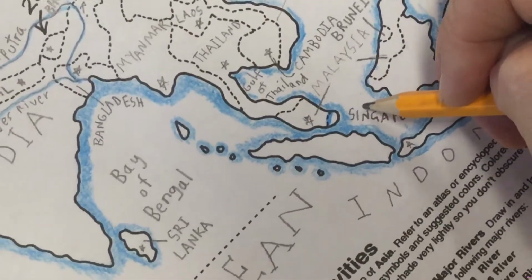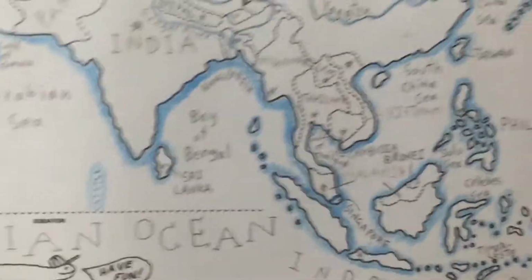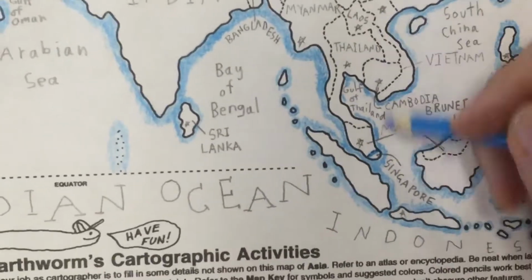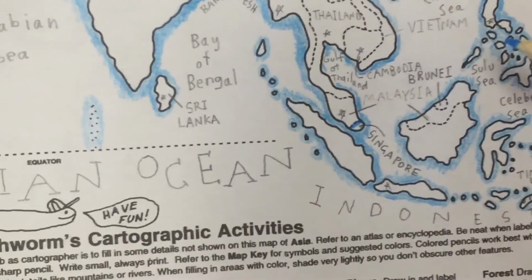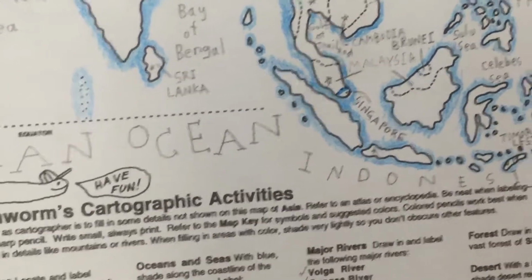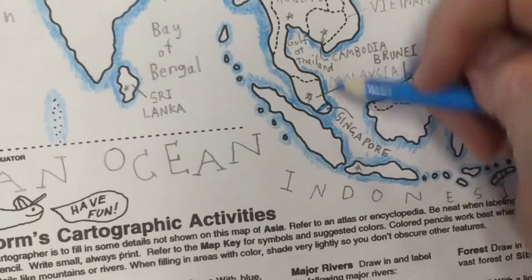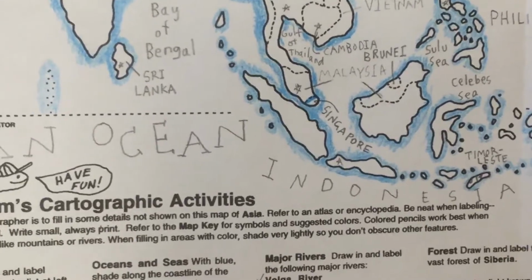And I'll just put a little line pointing to that tip of that little peninsula. They call it a city, island, nation, the only one in the world that's supposedly those three different names.